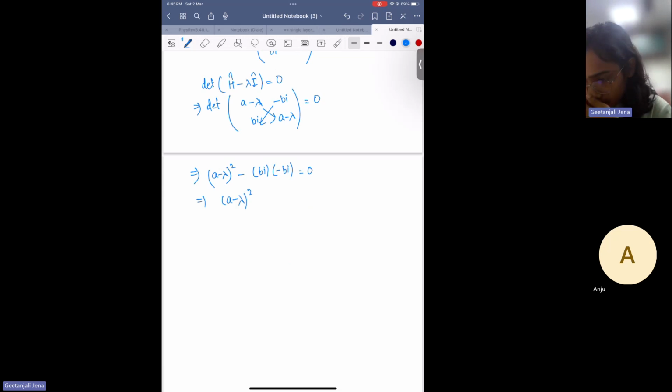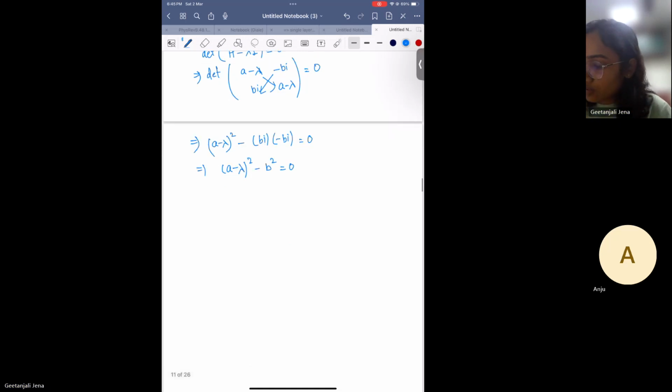So this is (A minus lambda) squared. i squared is minus 1, so this is minus B squared equal to 0. So this is nothing but a squared minus b squared, which you know is (a minus b)(a plus b).